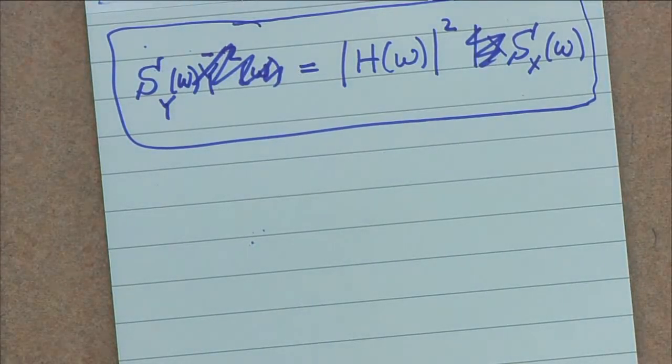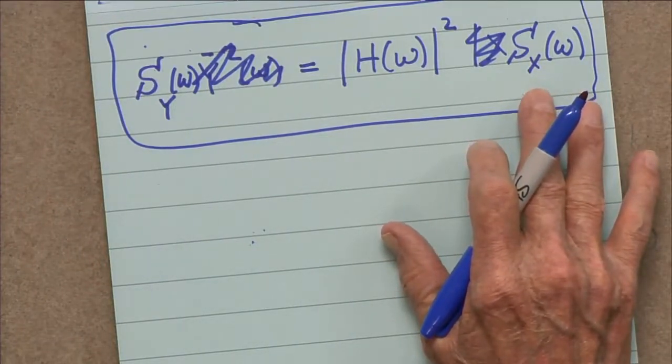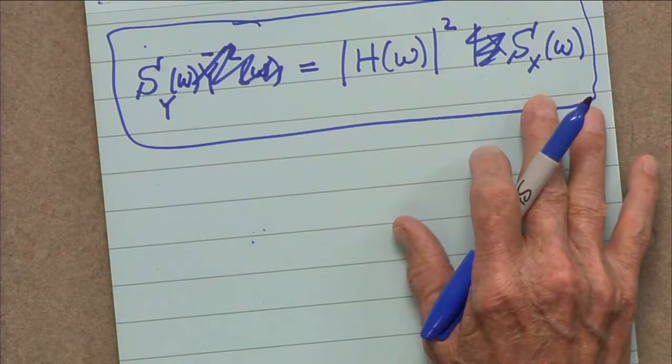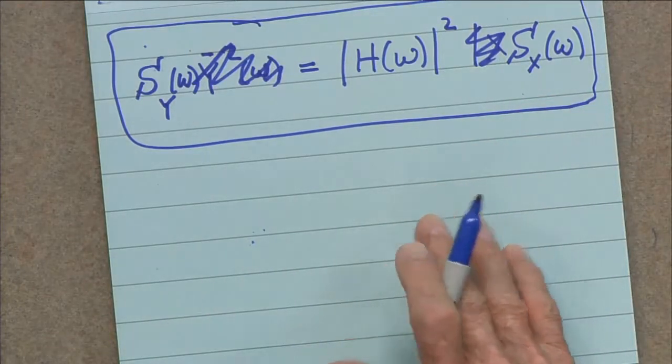And so you have the autocorrelation function of x. You can calculate its power spectral density.